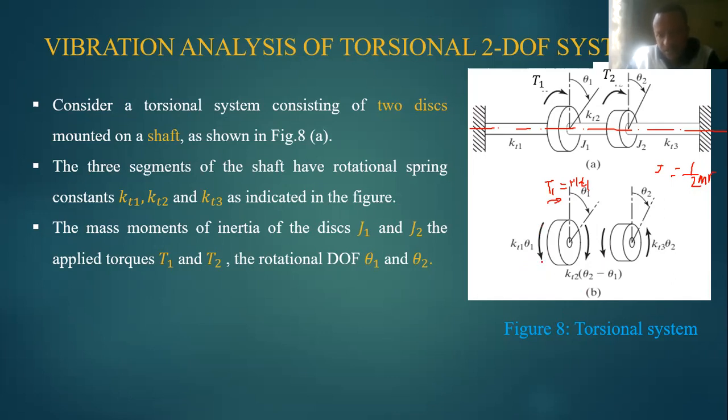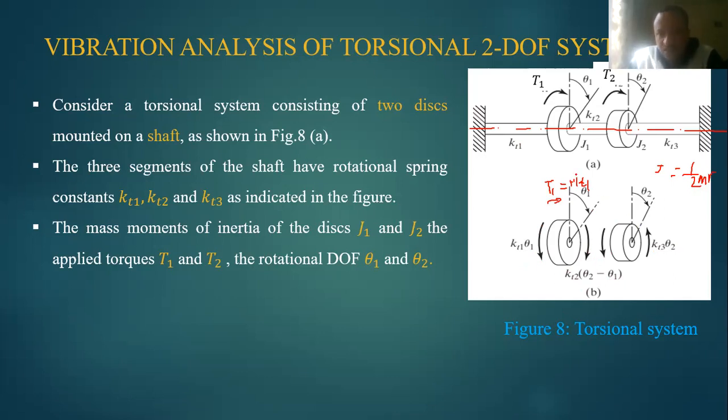The twisting at this side is KT1 θ1, the relative twisting here is KT2 times (θ2 minus θ1), and the third section is KT3 θ3.